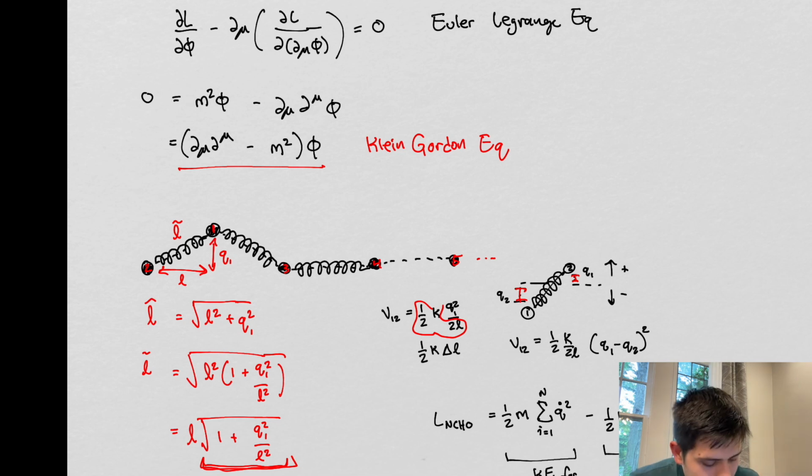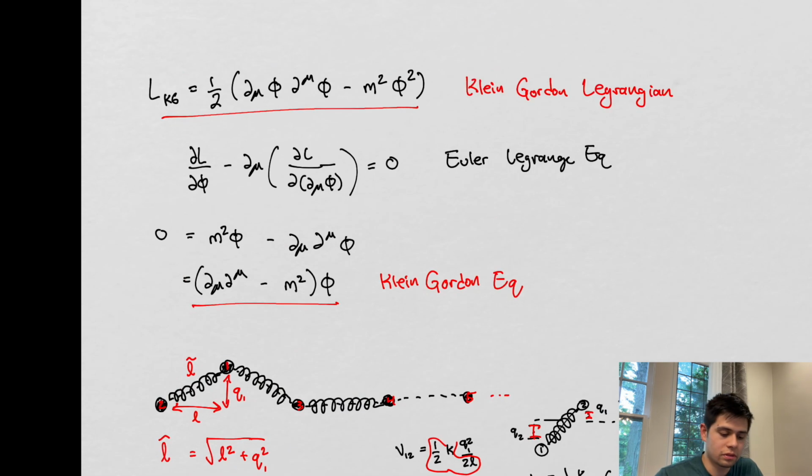Really what we're doing here is we have an equation that models a system like this. And so we can say that this is what the dynamics of our scalar field looks like. And it comes from this Lagrangian.